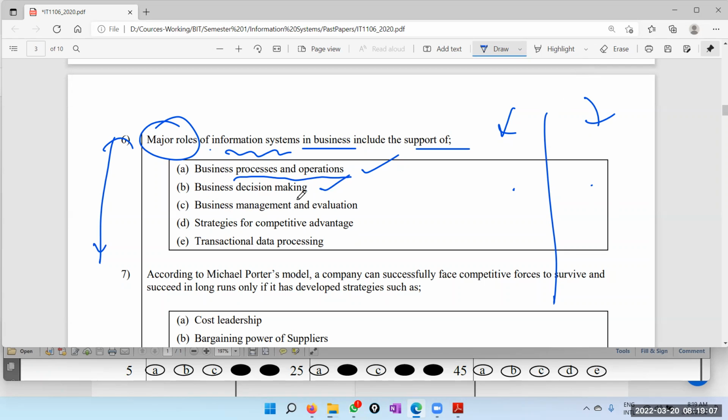But management is critical for me. Strategies for competitive advantage, those are also important, but I don't know. Compared to these things, I would say they are secondary. Then transaction data processing. For me, it looks like all 5 are important.